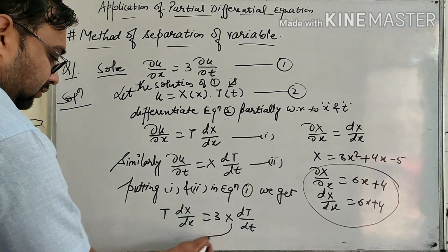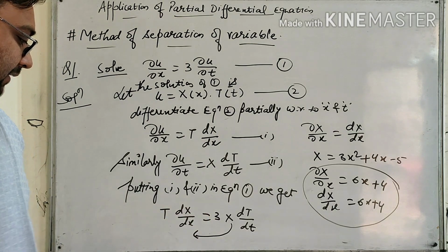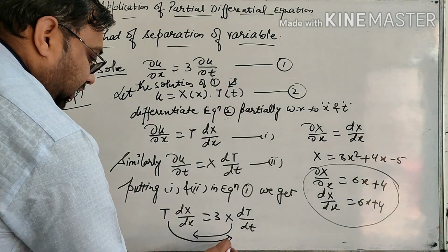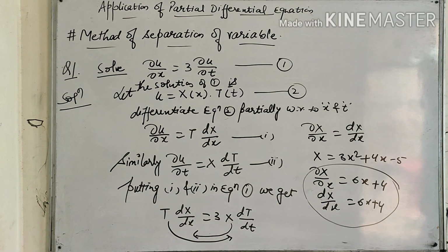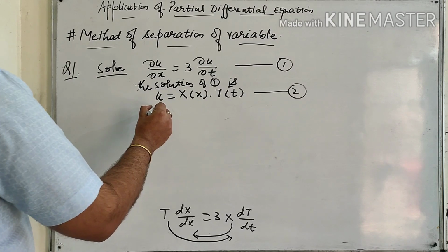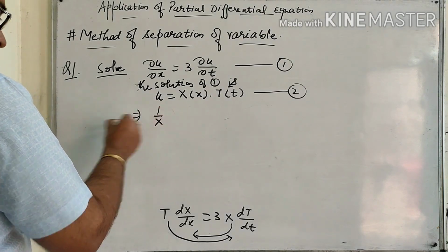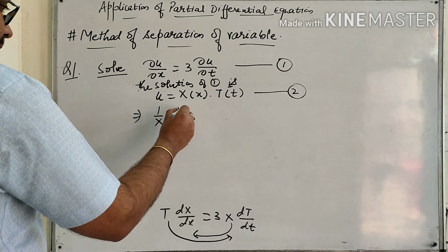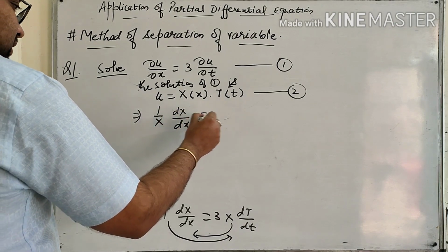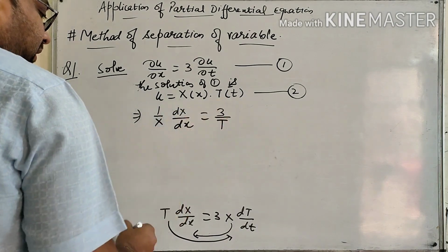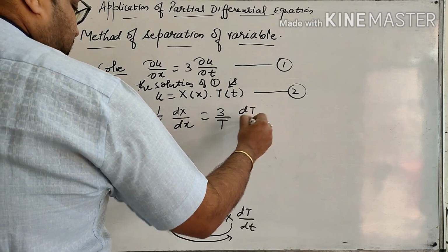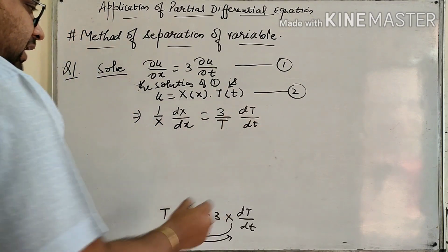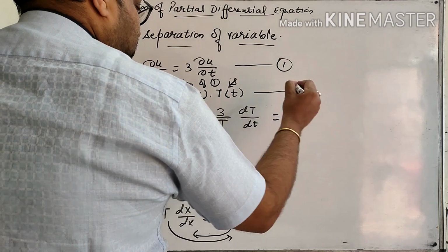So we transfer capital X to the left hand side and capital T to the right hand side. So we get 1 upon X d capital X upon d small x equals 3 upon capital T d capital T upon d small t, and let it equal small k.